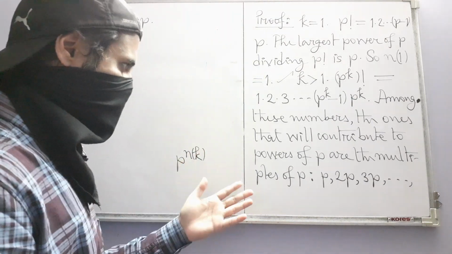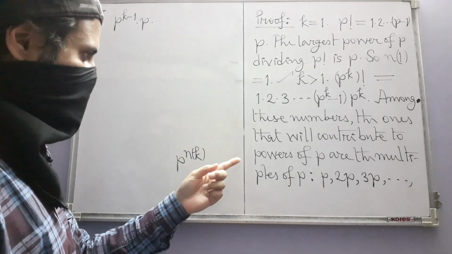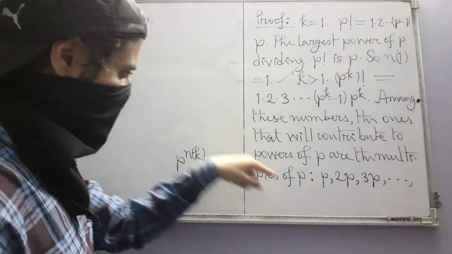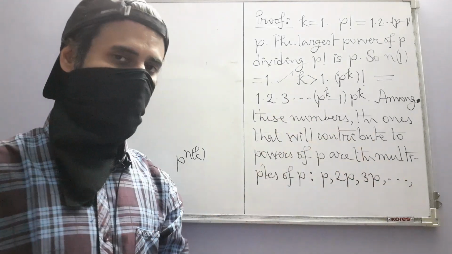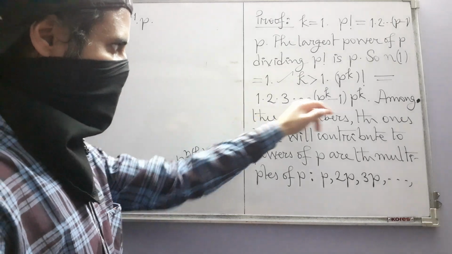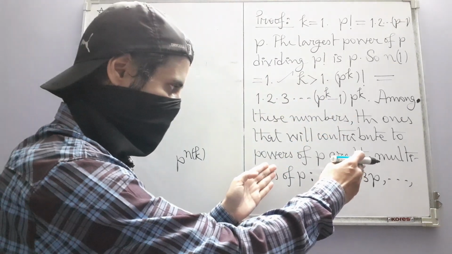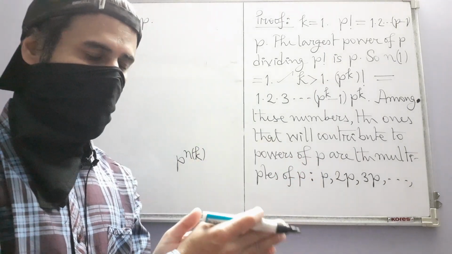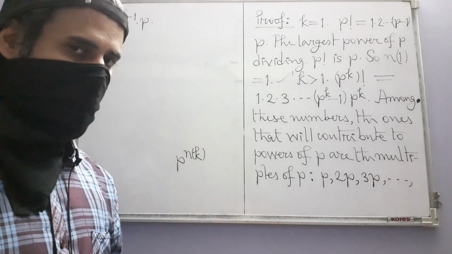Then that division of this number by this power of p is going to happen only to that part of this product which involves these multiples of p. That is, if you rearrange the numbers that you see here and group all the multiples of p together, in that region only the division is going to happen.